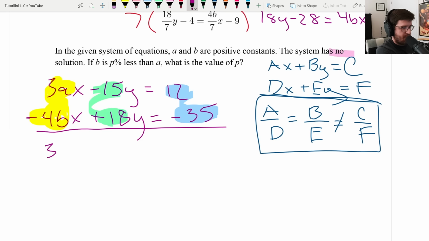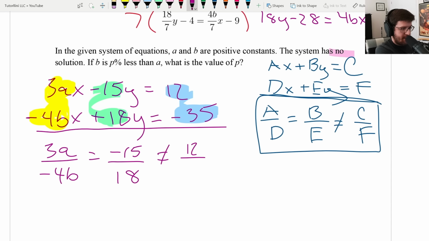So we're going to do 3a over negative 4b equals negative 15 over 18, which is not equal to 12 over negative 35.